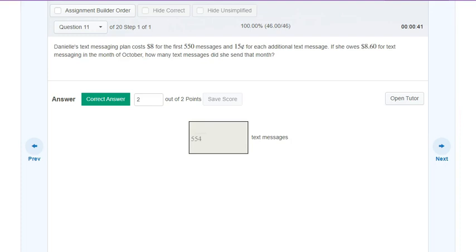Now here, a person is texting, and they're saying the plan costs $8 for the first 550 messages, and then 15 cents for each additional message.